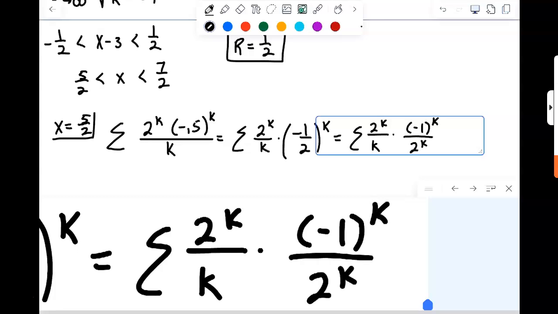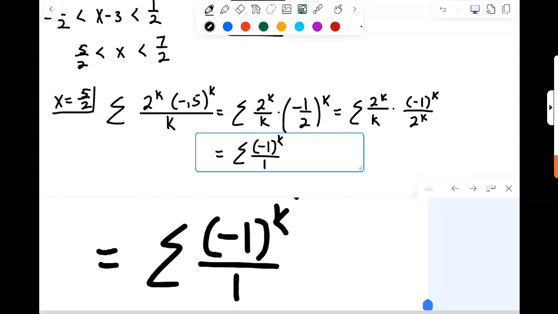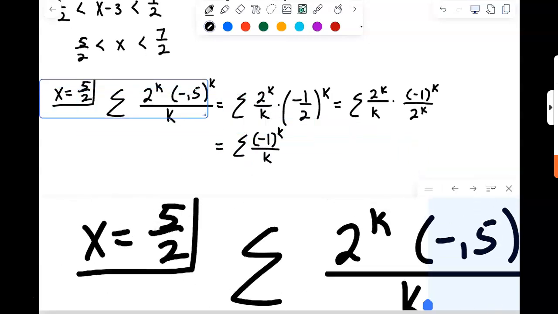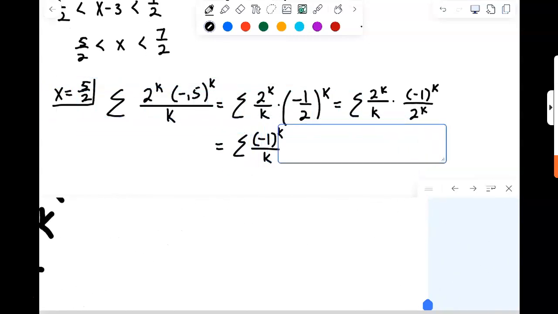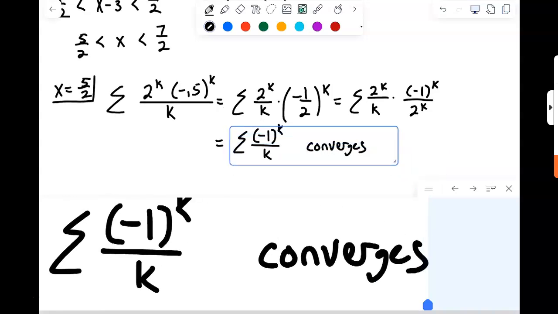So of course the 2 to the k's will cancel out, and so we would get the sum of minus 1 to the k over k. That's going to be our series when x is equal to 5/2. We know that series converges because it's an alternating series, and it's actually the alternating harmonic series, so we know it converges because of that.